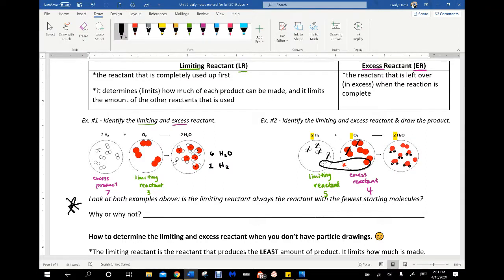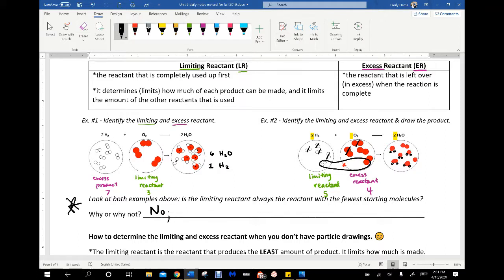In that case, hydrogen was limiting even though it started out with more molecules. So the answer is no. The limiting reactant is not always the reactant with just the fewest number, all right? So we can't just say, oh, there's less hydrogen, it must be limiting. Because in this case, there was more hydrogen and it was limiting.